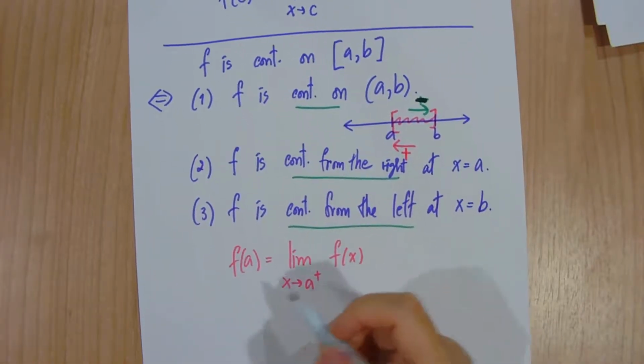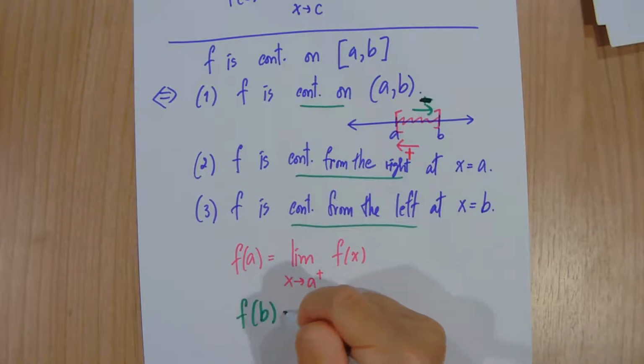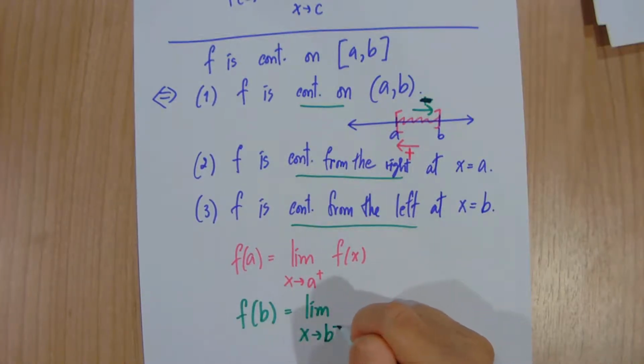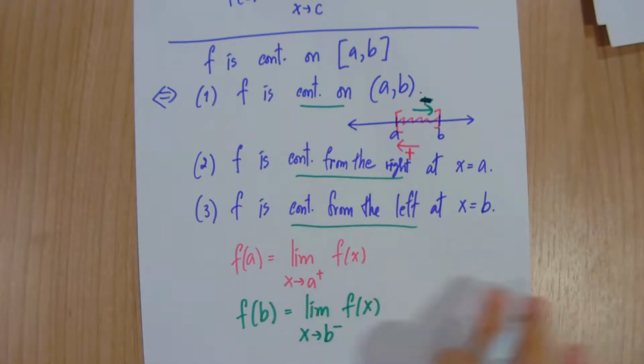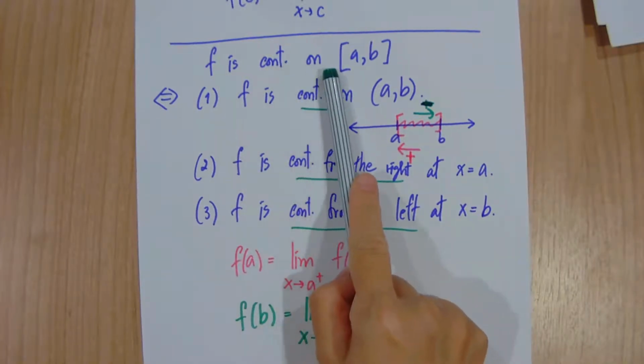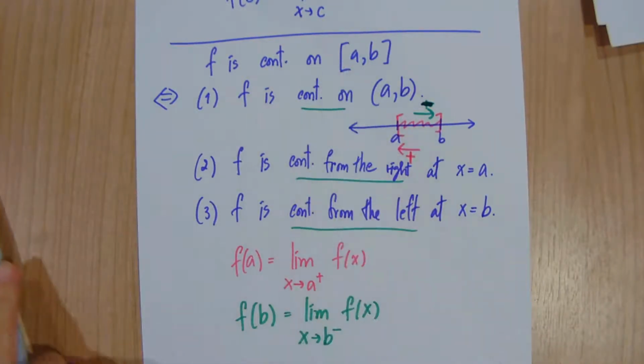And check at the point b the limit as x approaches b from the left-hand side. I mean, you have to check three conditions to check whether f is continuous on the closed interval from a to b or not.